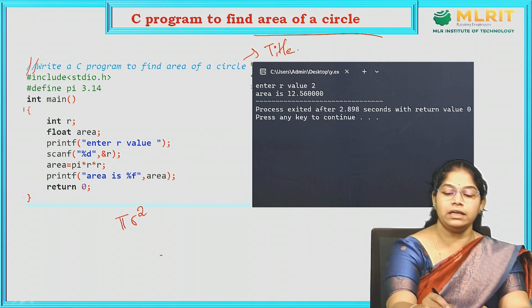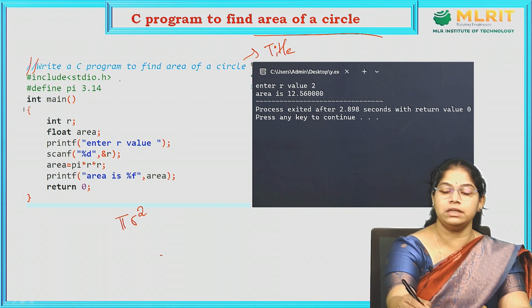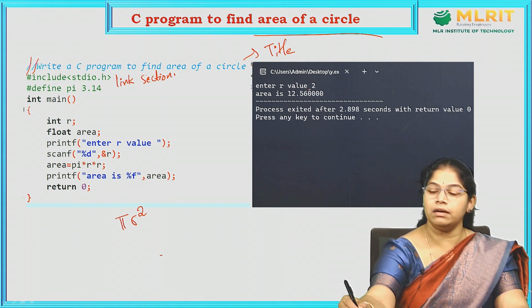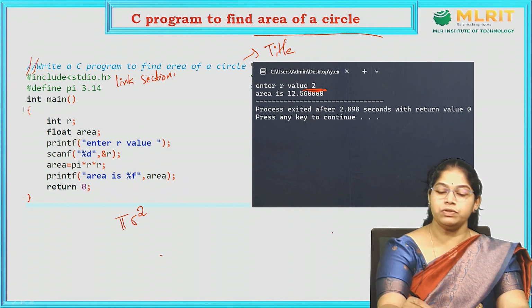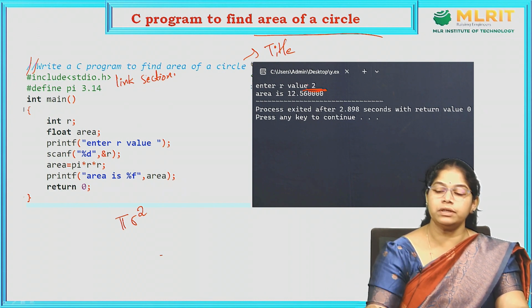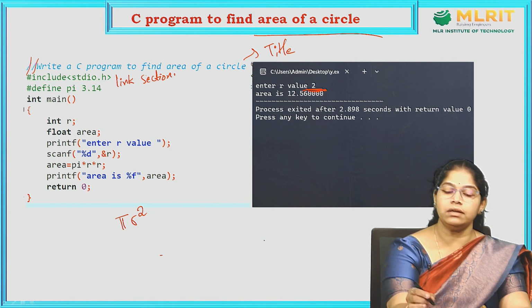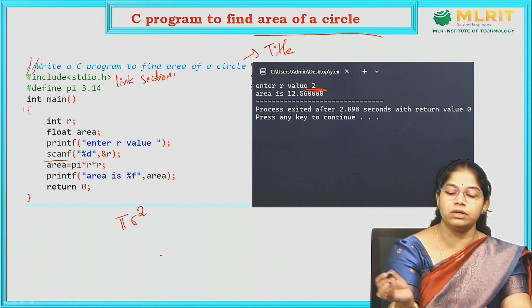Then next, #include <stdio.h>. This is the link section, because here the input is r, that is 2, which we have to give. Whatever input is given by the user, the compiler has to read the input. To read that value, we have to use a function called scanf.